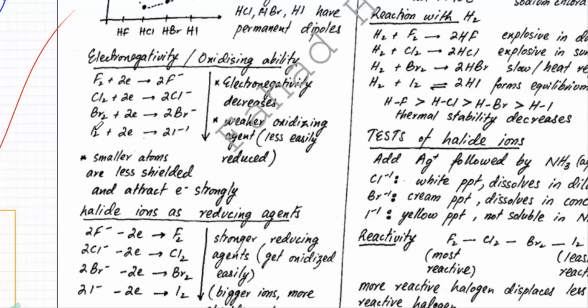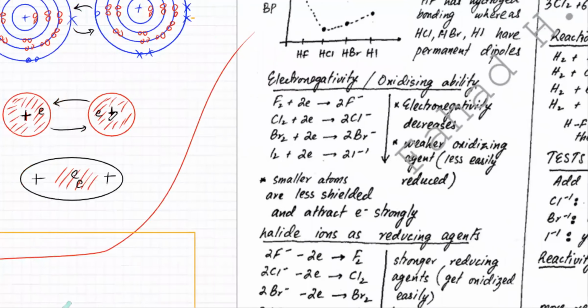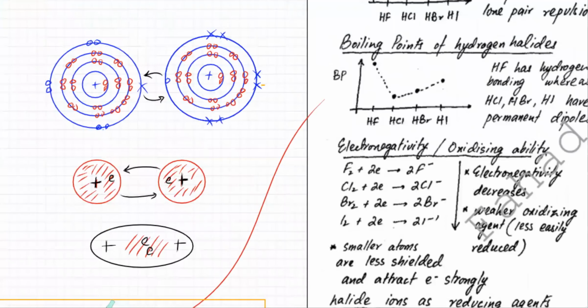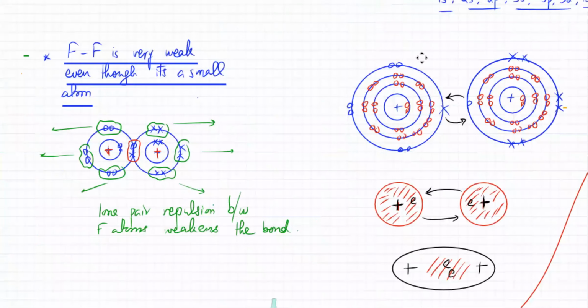Iodine already has so many electrons, iodine already has 53 electrons. The same is the case with bromine. If you look at a bromine atom compared to a fluorine atom, a bromine atom, its nucleus already is surrounded by a lot of electrons. So it's too shielded to attract more electrons from outside.